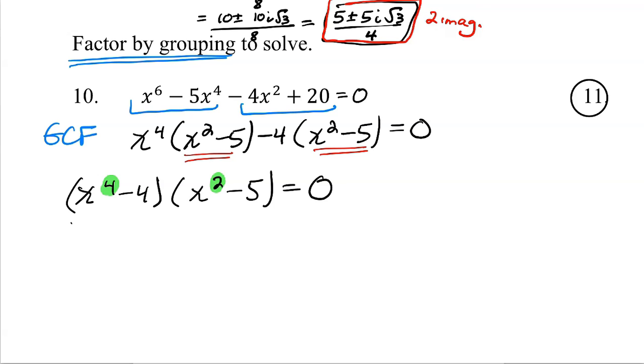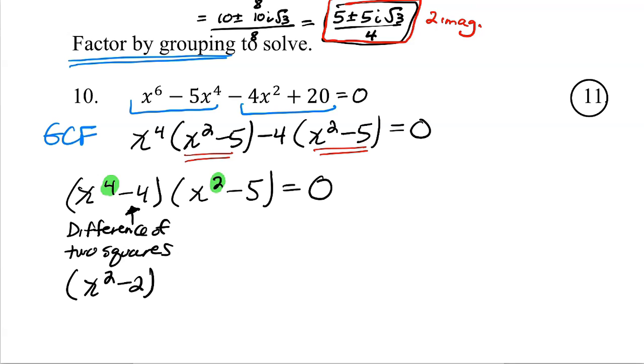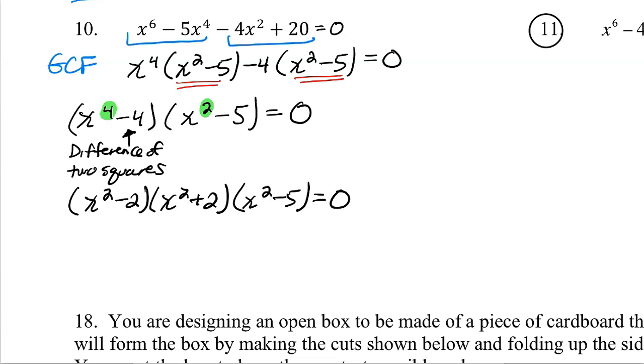That's a difference of 2 squares. Difference of 2 squares. That guy right there. So we can actually write it as x squared minus 2 and then x squared plus 2 times x squared minus 5 equals 0. And then we can set each one of these equal to 0 and solve.